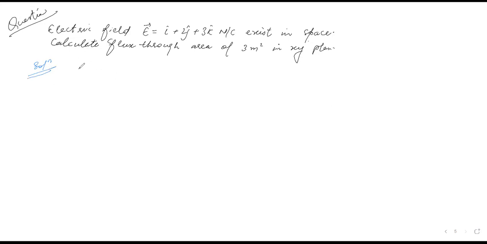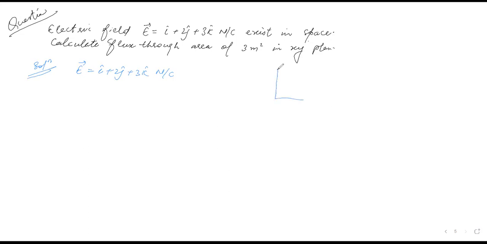The value of E is given as I plus 2J plus 3K Newton per coulomb, and the area vector is given in the XY plane.